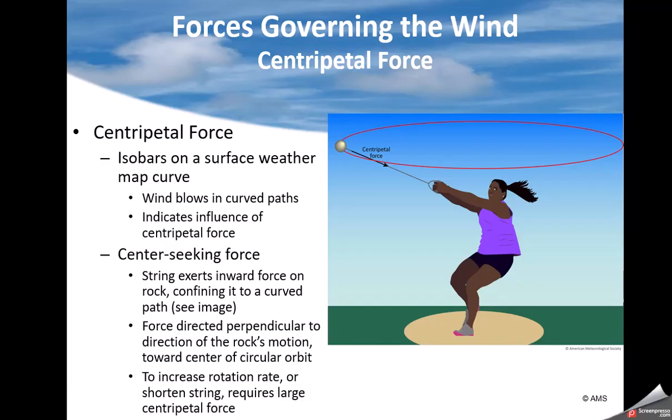So with that, there is centripetal force all over the atmosphere. Anytime you have high pressure or low pressure, the wind's going to blow around, and we've already talked about counterclockwise and clockwise. And that movement is the curve with centripetal force.